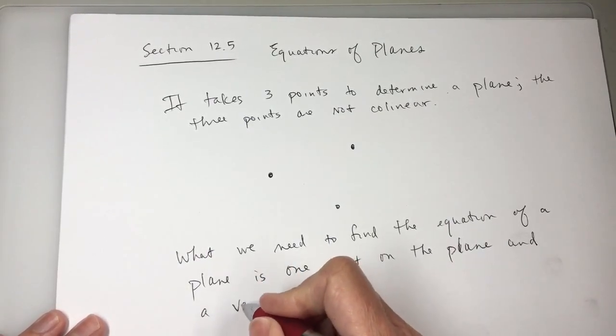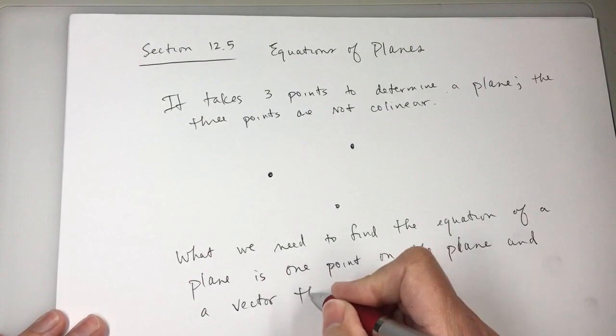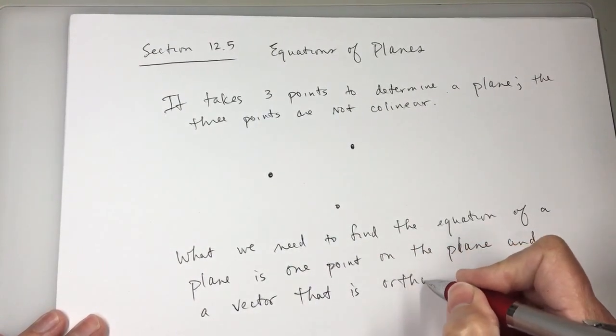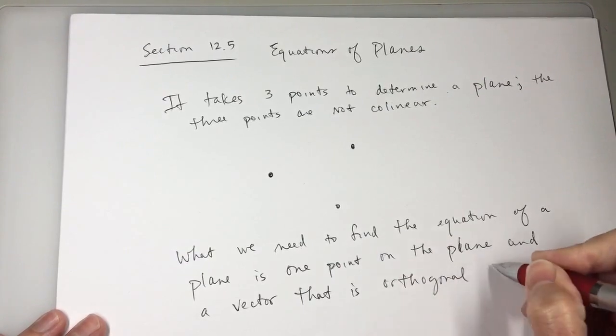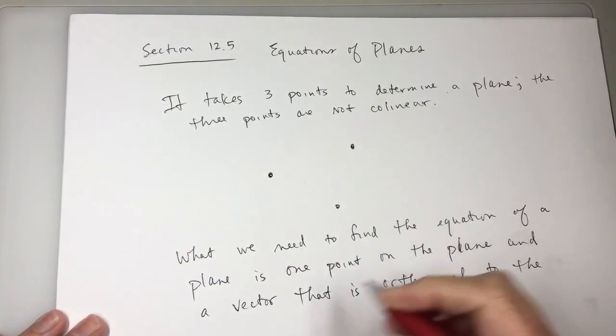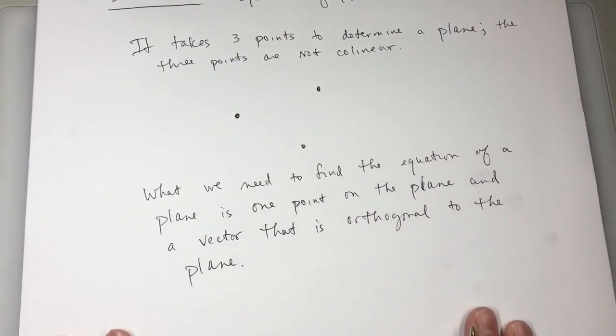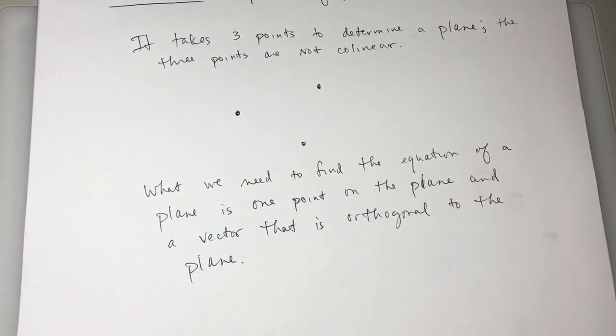A vector that is orthogonal to the plane. And that would be enough information to find the equation of the plane.